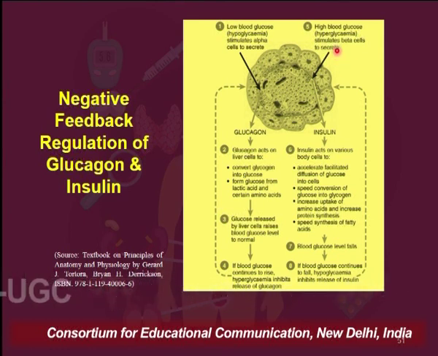Now opposite to that, just imagine a situation when the blood glucose levels are high, that is hyperglycemia. This situation will stimulate the beta cells of the pancreas to produce insulin. Now this insulin will go into the blood circulation and will stimulate the cells to increase the uptake of glucose by stimulating the expression of glucose transporters onto the cell membrane. So, whenever the glucose transporters come to the cell membrane, they will do the uptake of glucose and thereby lower the blood glucose levels.